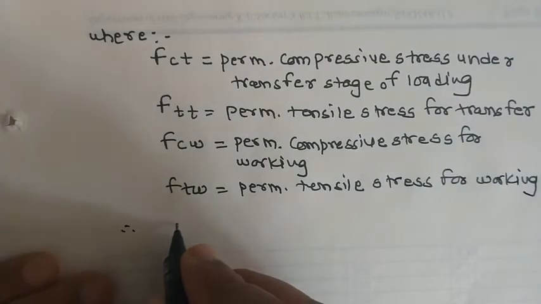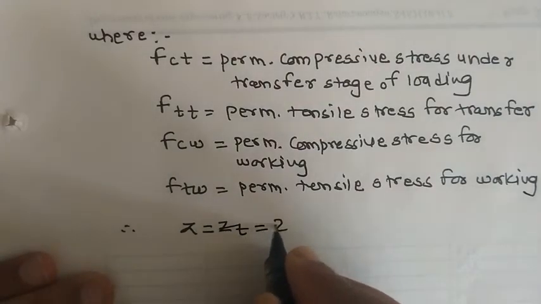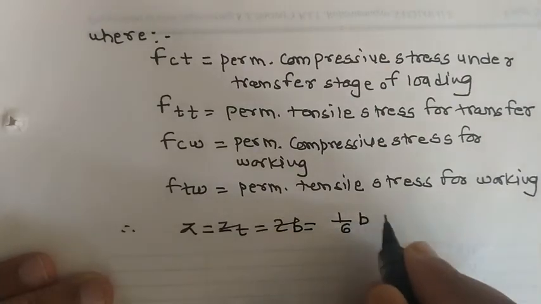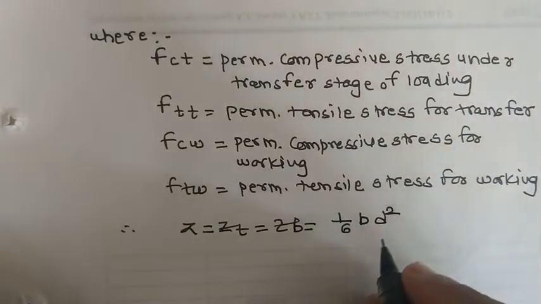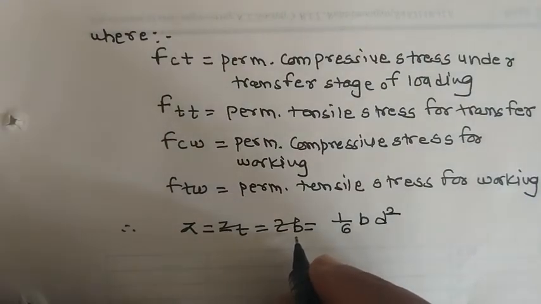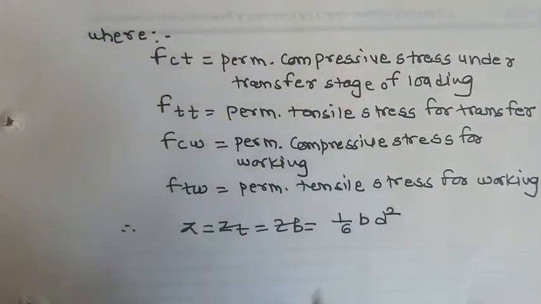So we know that for the rectangular section, Z, equal to Z top and Z bottom, is 1/6 of B D square. After calculation of Z top and Z bottom value, you have to equate this calculated value with 1/6 B D square. Assume the width of the section and find out the depth of the section.